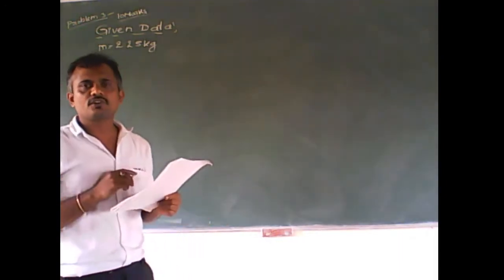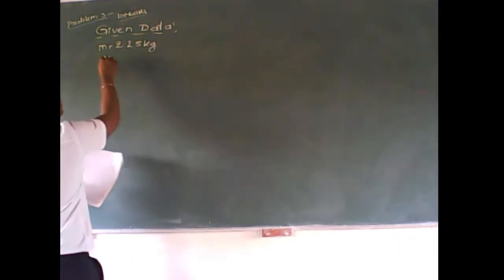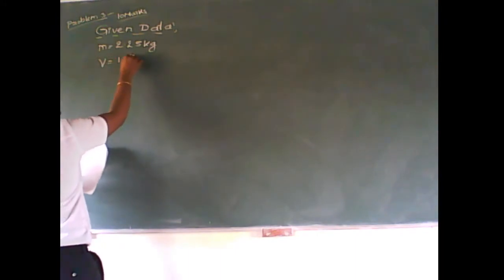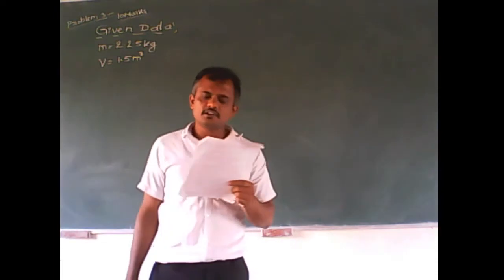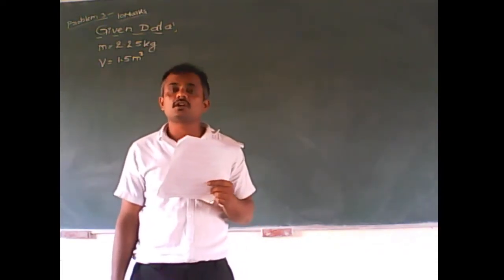Meter cube is a unit of what? Volume. So I will write volume is equal to 1.5 meter cube, heated from 25 degrees Celsius to 200 degrees Celsius.